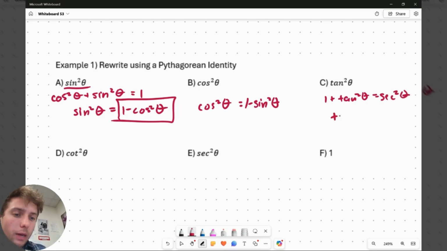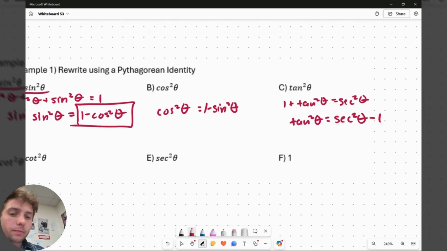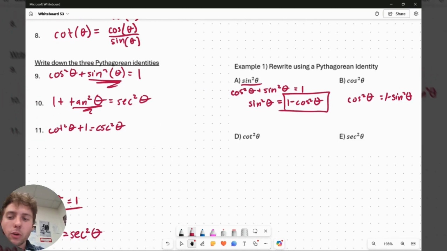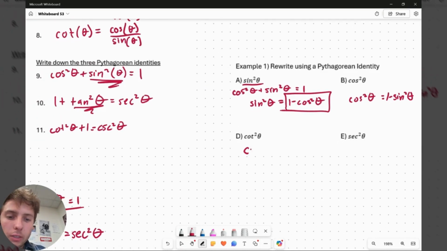Get tangent by itself, so tangent squared is equal to secant squared minus 1. Subtract the 1 over in this case. And you could just continue to use that process for the next two. If I got cotangent squared by itself, it would be equal to cosecant squared theta minus 1.